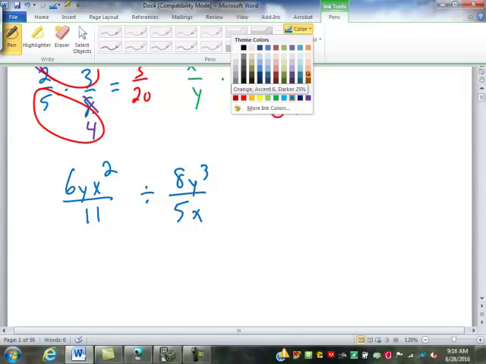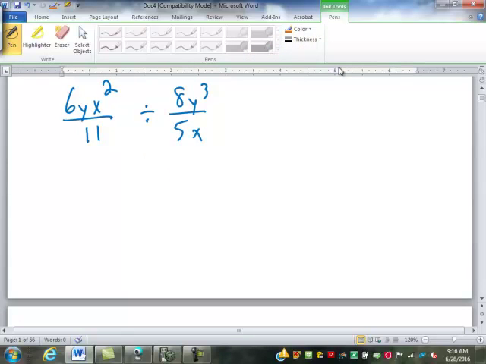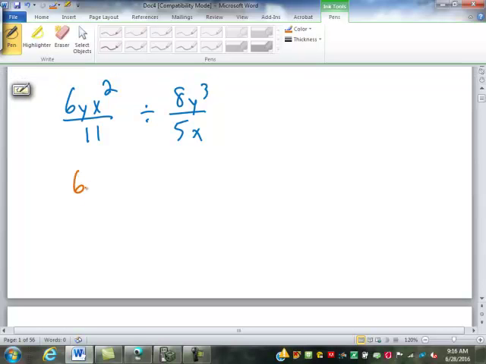My first step in doing this problem has to be to get rid of the division, just like any other division with fractions. So the 6yx squared over 11 doesn't change. It's going to become times what? Perfect. 5x over 8y to the 3rd. We just flip this one over, take its reciprocal.